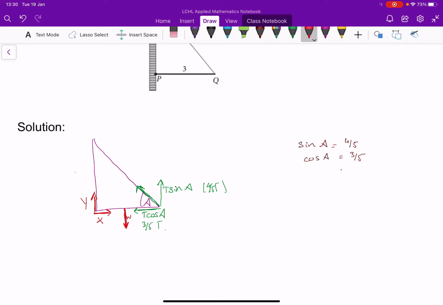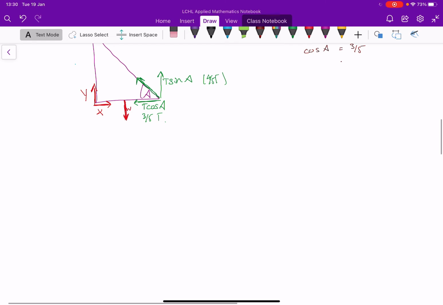So what can I do now? Well, now I can start creating my force equations. I'm looking at the vertical ones and the horizontal ones: up equals down, left equals right, the usual.